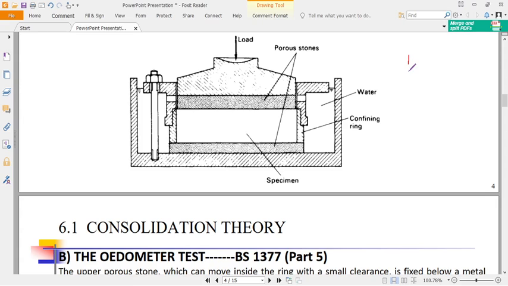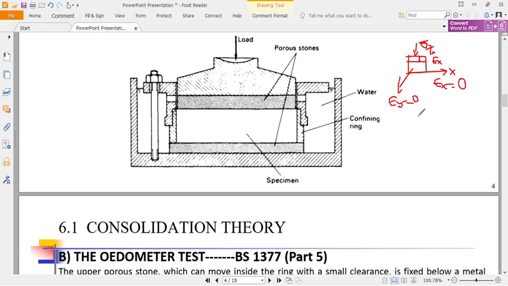You have a sample with a stress in Z, and there will be a reduction, so there's also a strain in Z. But the strain in X is equal to 0, and also the strain in Y is equal to 0.